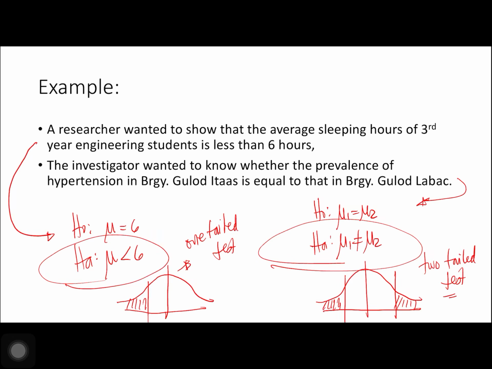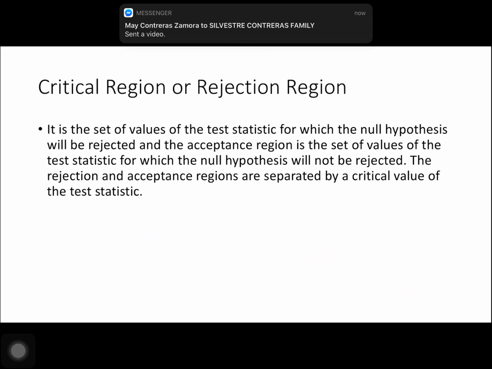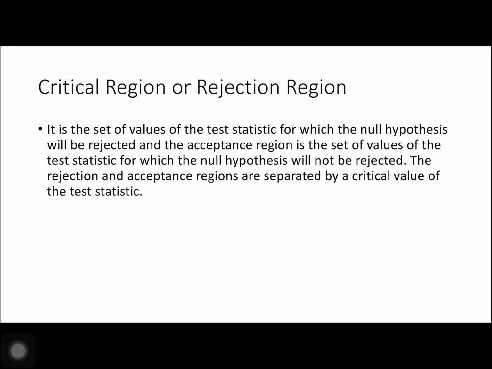Okay? So, next is the critical region or the rejection region. It is a set of values of the test statistic for which the null hypothesis will be rejected, and the acceptance region is the set of values of the test statistic for which the null hypothesis will not be rejected. The rejection and acceptance regions are separated by a critical value of the test statistic.